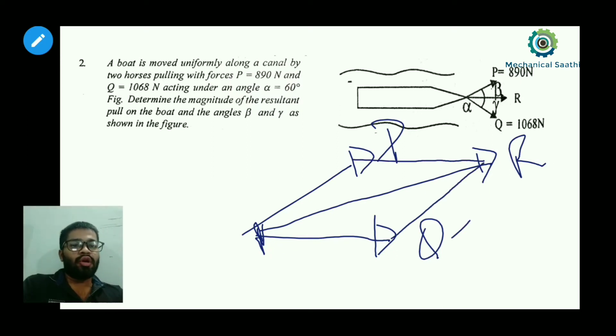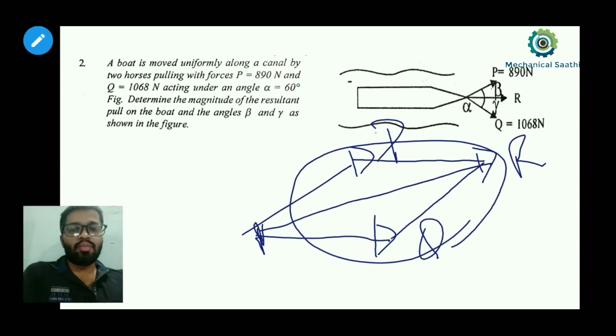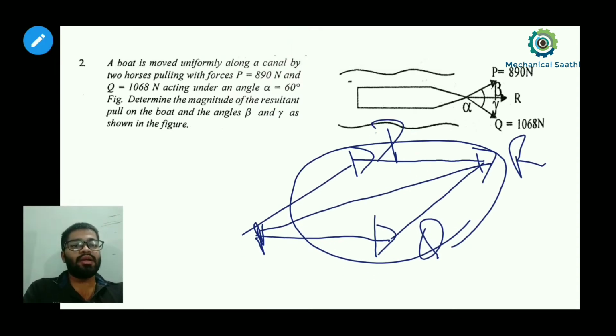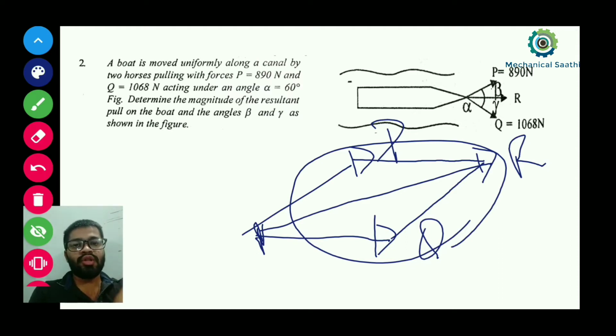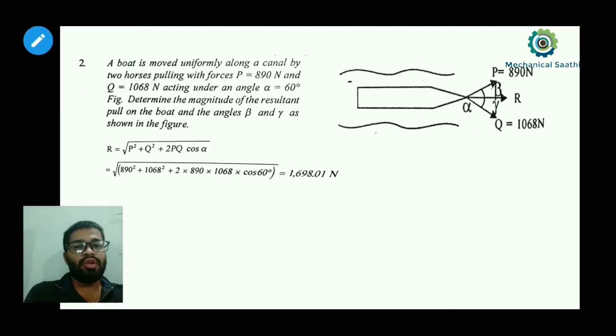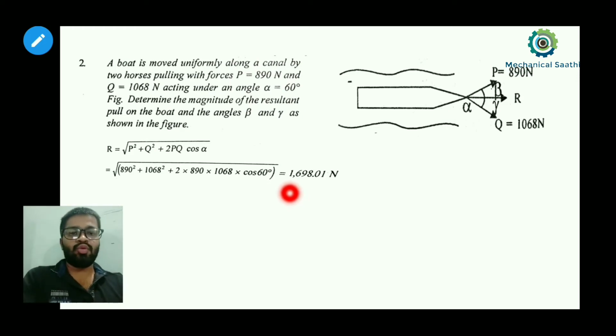In this parallelogram, simply by putting in this formula and all the values given to us, we can calculate the value of the resultant. So we put the values over here: 890 square plus 1068 square plus 2 into 890 into 1068 into cos 60 degrees. When we calculate this value, we get 1698.01 Newton.